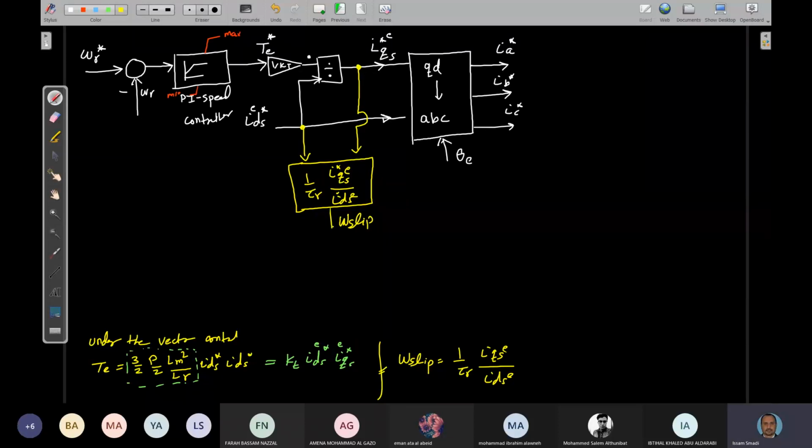Now this omega slip, if I add it to omega R, what will I get? After the integration, I will go to omega E. Now if I integrate, I will get theta E.